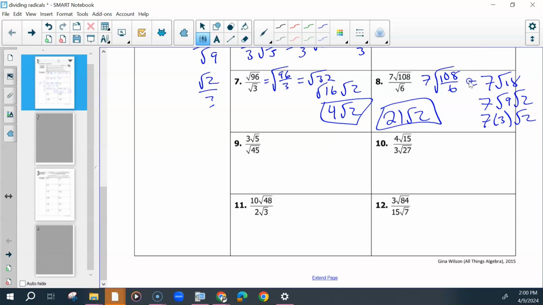So for 9, again, you have different options. You could either simplify the 45 or divide it. I'm going to go ahead and divide it. So that would give me 1/9. And here, both 1 and 9 are perfect squares.